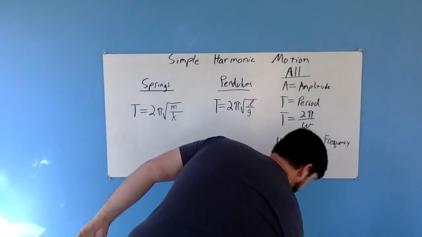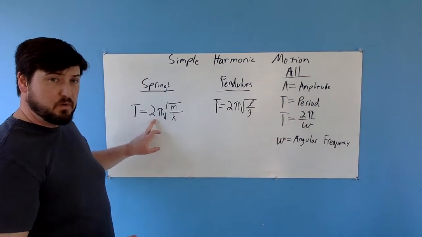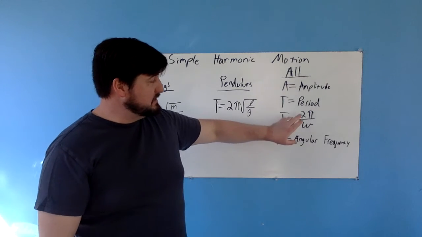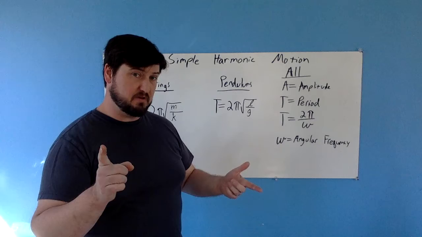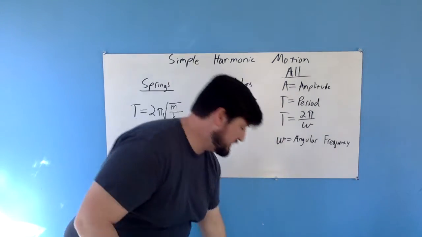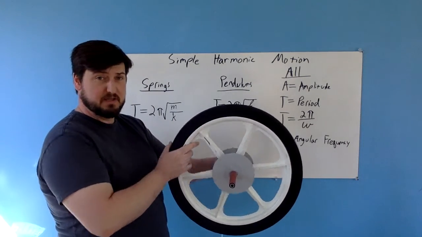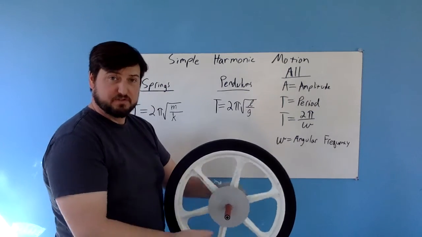All right? So 1 period, you'll notice 2 pi keeps coming into this equation all the time, because the period is that 2 pi, 1 full circle, or maybe even better, 1 full cycle, over this omega. When we were talking about the angular speed, or angular velocity, 2 pi would be 1 full circle.